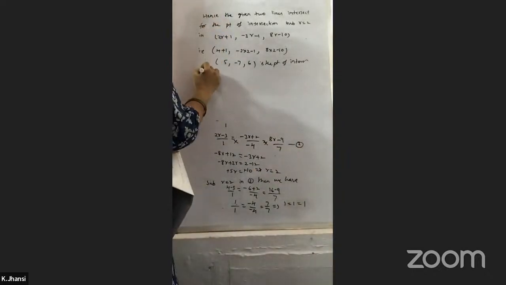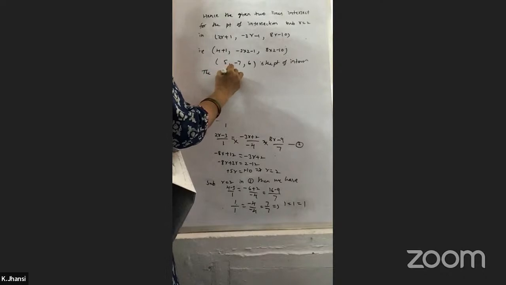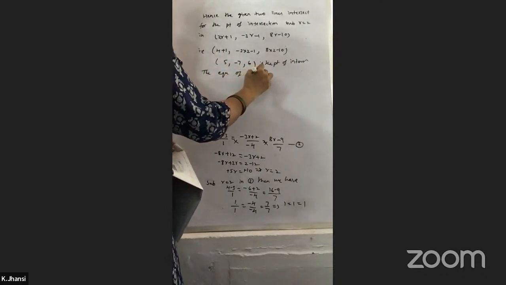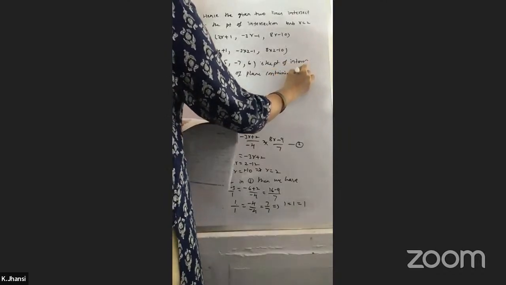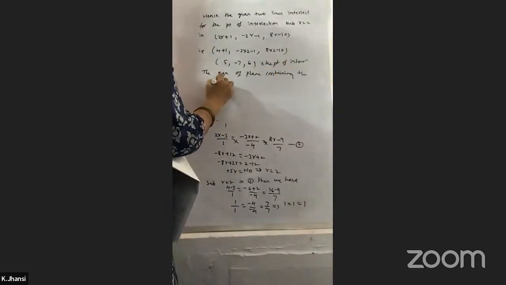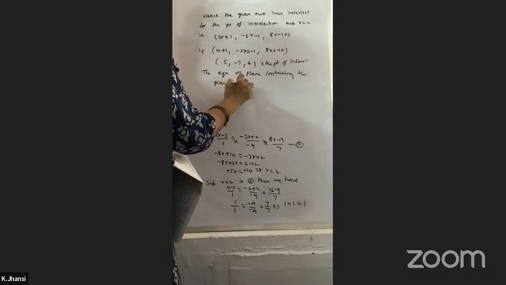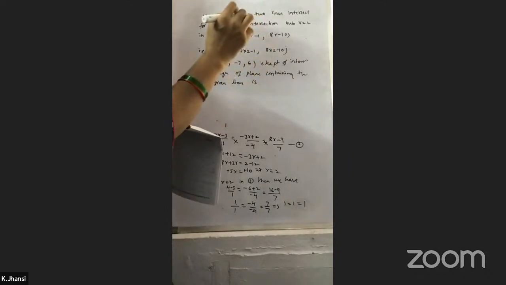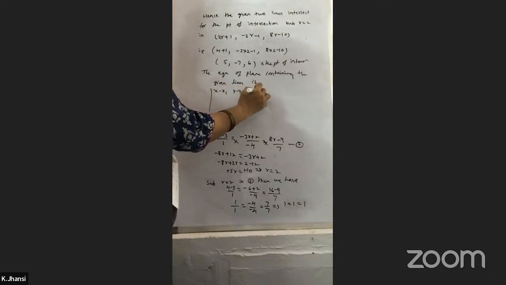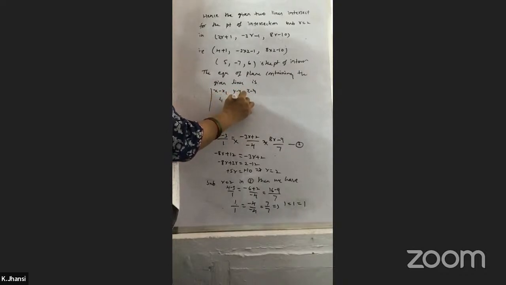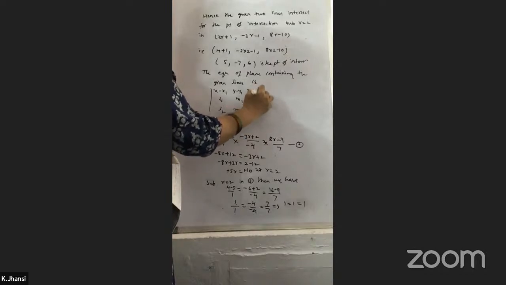The equation of plane containing the given lines is, okay. So the formula is x minus x1, y minus y1, z minus z1, L1, M1, N1, L2, M2, N2 is equals to 0.